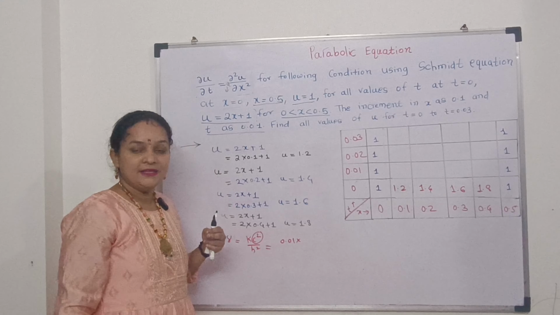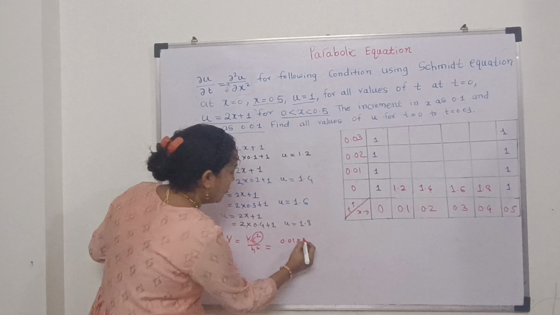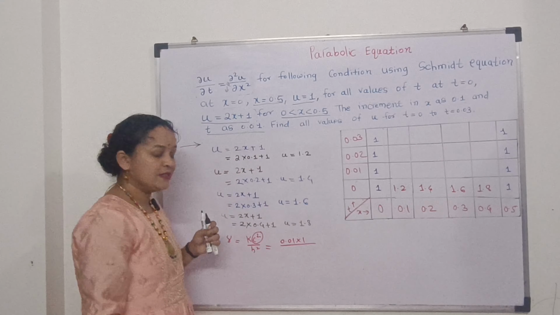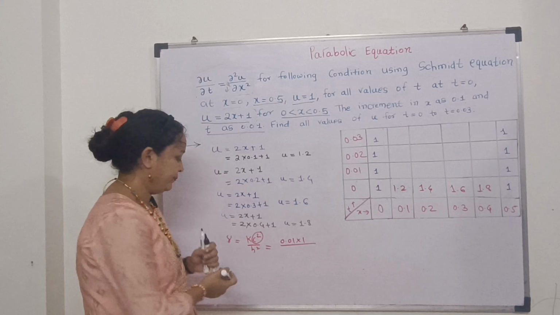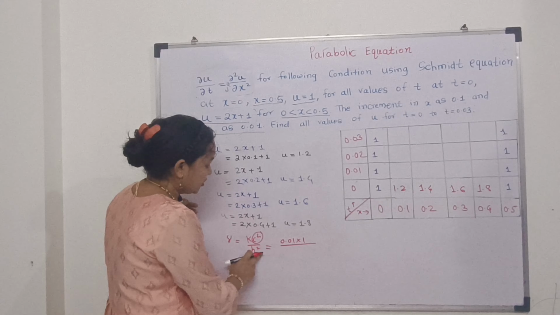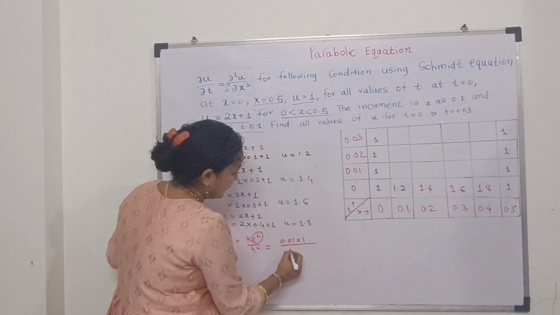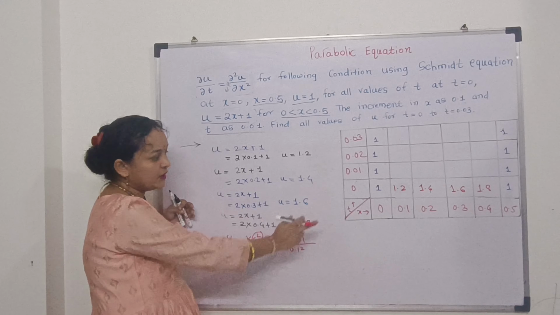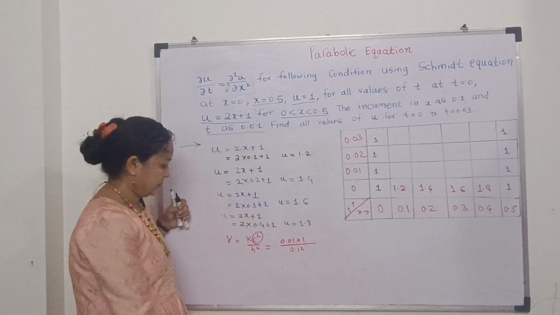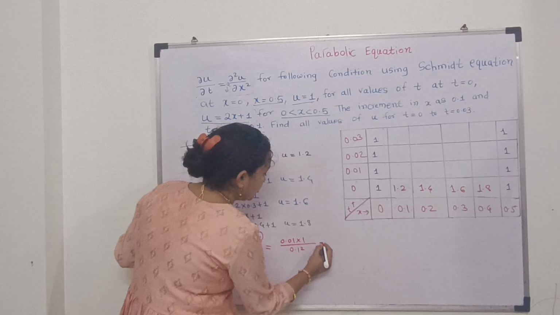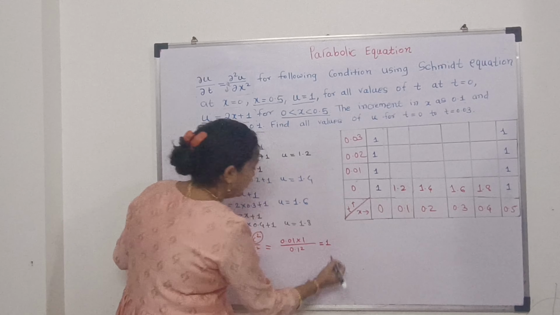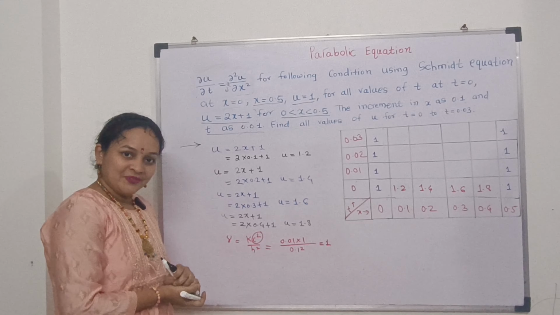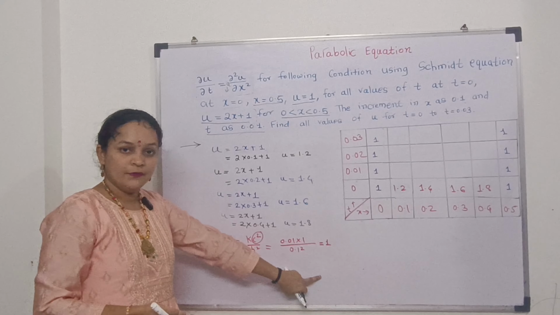You are supposed to consider the c value as 1, a constant, and h squared, where h is given as 0.1 squared, the increment with respect to x. If you solve this, you get the gamma value as 1.